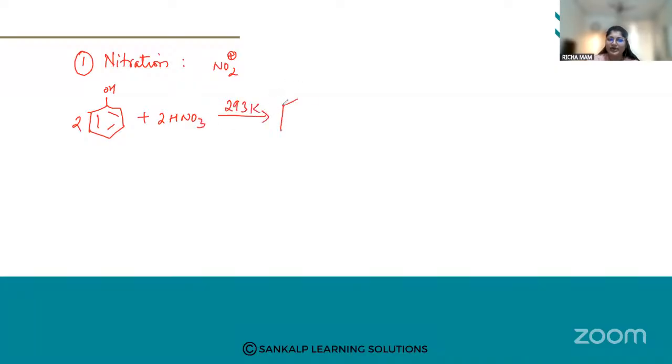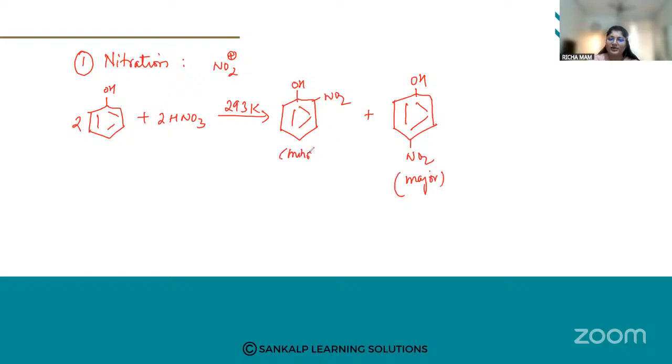We get ortho-nitrophenol and para-nitrophenol. The para product is the major product, and the ortho is the minor product, along with water. So this is the nitration reaction: phenol reacts with dilute HNO3 at low temperature to give a mixture of ortho and para substituted phenol.